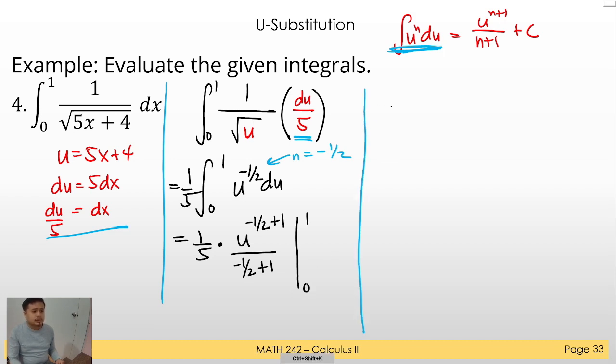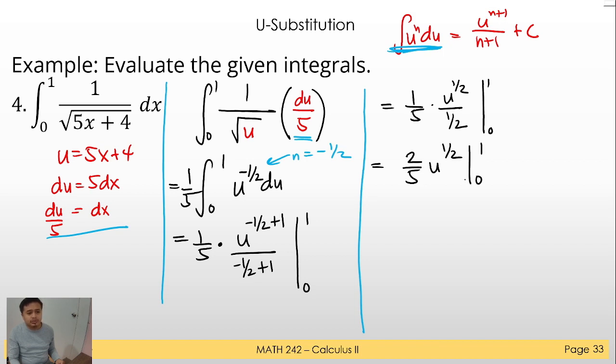Okay, so negative 1/2 plus 1 is 1/2, so u raised to 1/2 over 1/2, evaluated from 0 to 1. So the reciprocal is 2. So we have 2 over 5 u raised to 1/2 from 0 to 1.